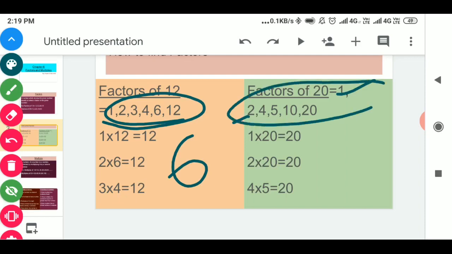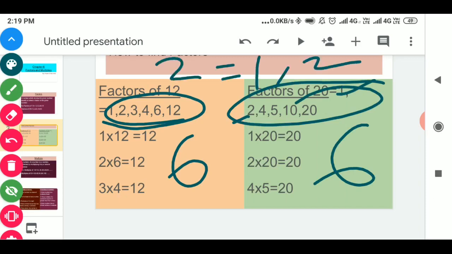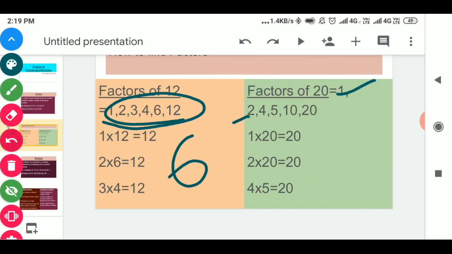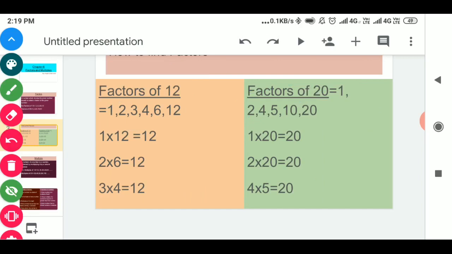Here the factors of 20 are 6. And we found the factors of 2, that were 1 and 2. So you can see that there are finite numbers. There are finite factors of any number, and the maximum or greatest factor of any number is that number itself.